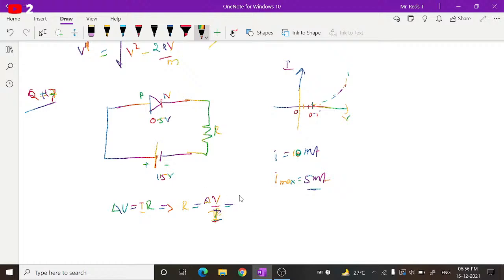So 1.5 minus 0.5 is giving you a current of 5 milliamps, that is 5 into 10 power minus 3 amps.